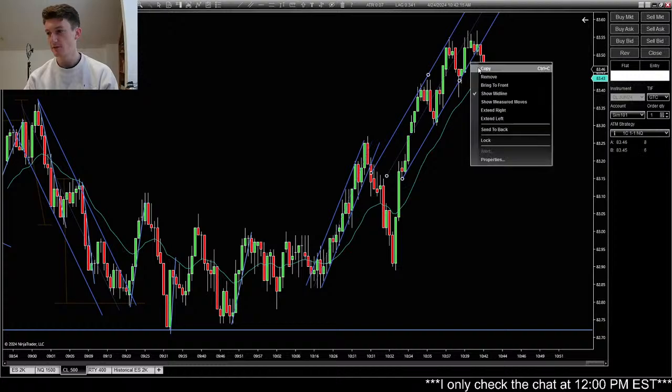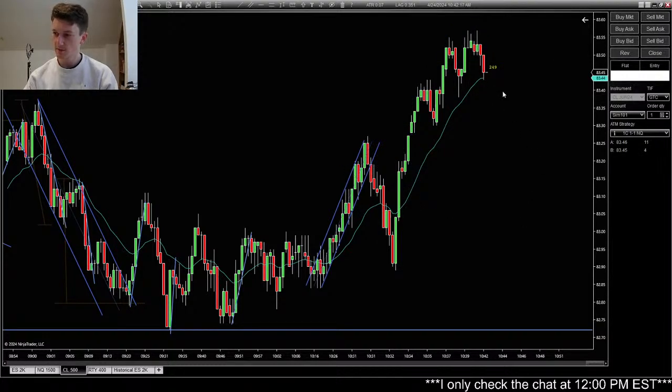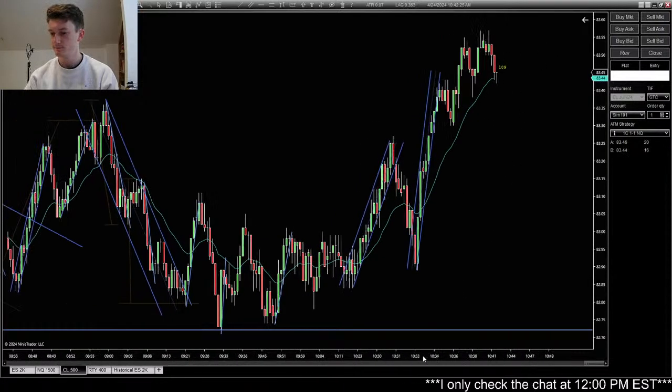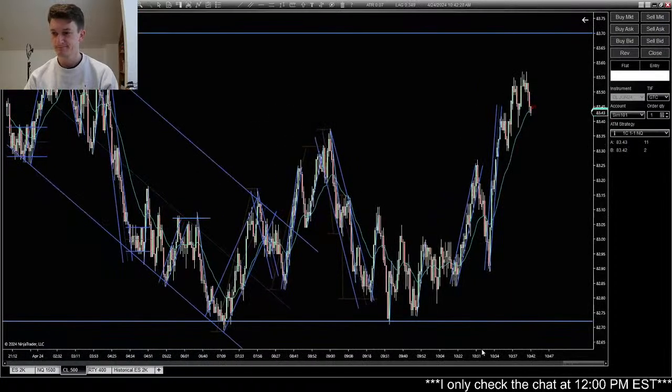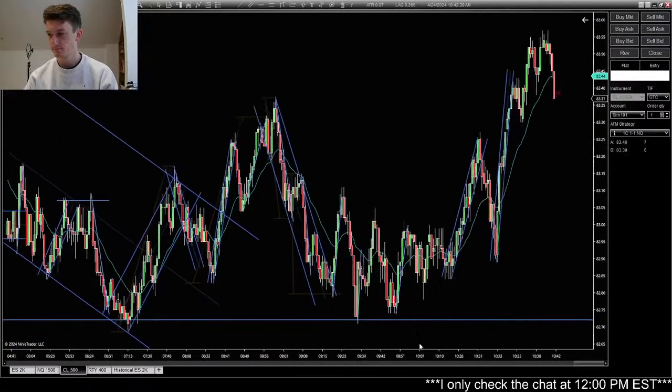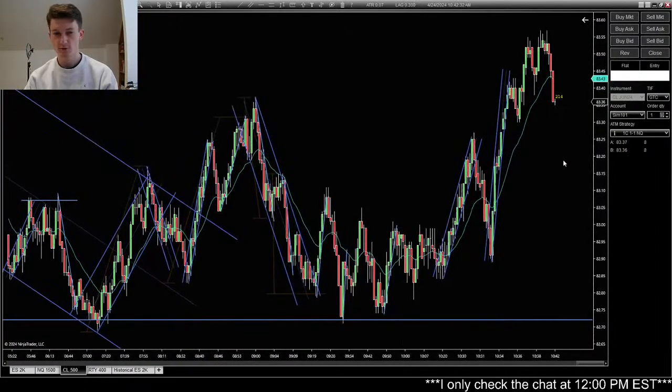On the CL, this spike and channel that I was looking at, it's not holding there. Just going to go and remove it. Uptrend has a close outside a new high. Strong push down.